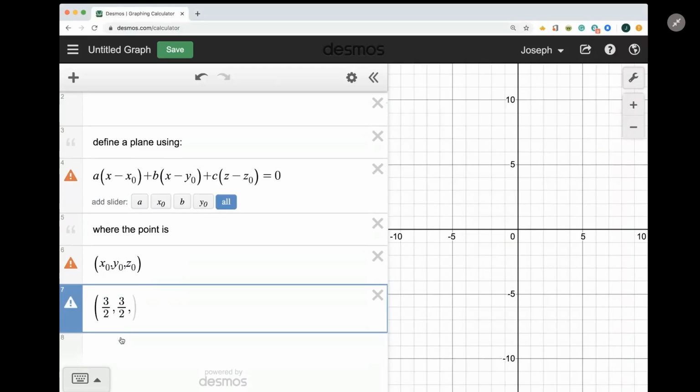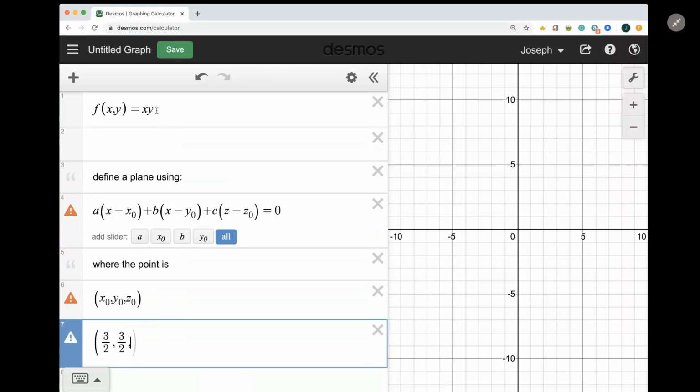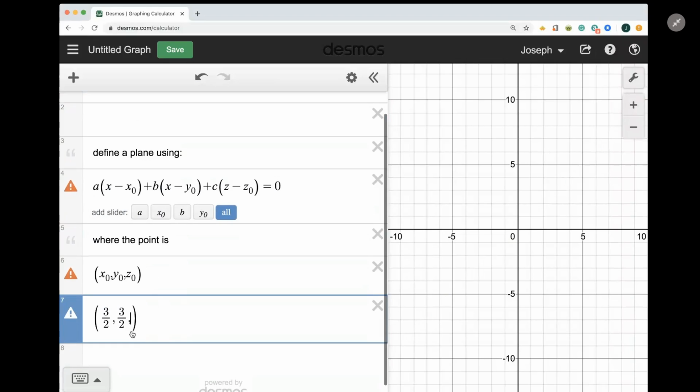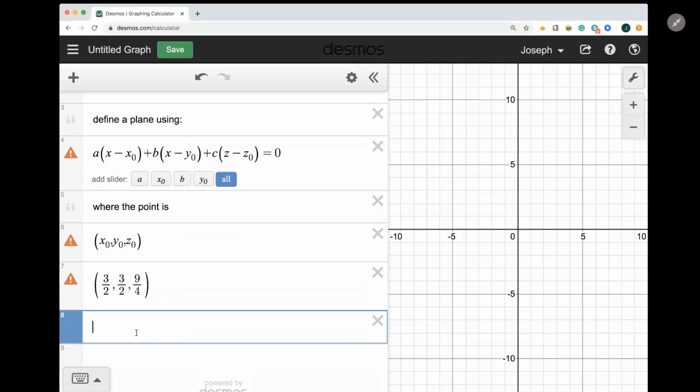If we multiply the 2 together to find out our z value, our function value, we're going to get 9/4. So that's going to be the point that the plane and the surface share.